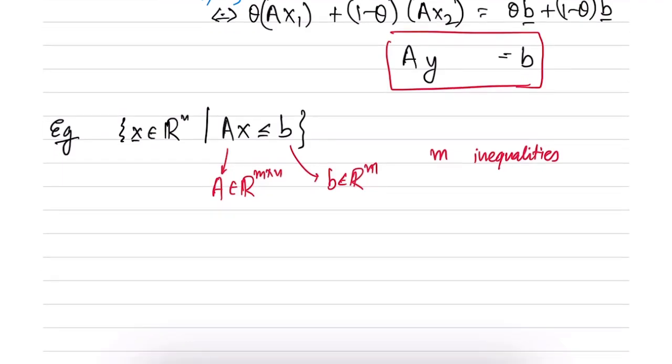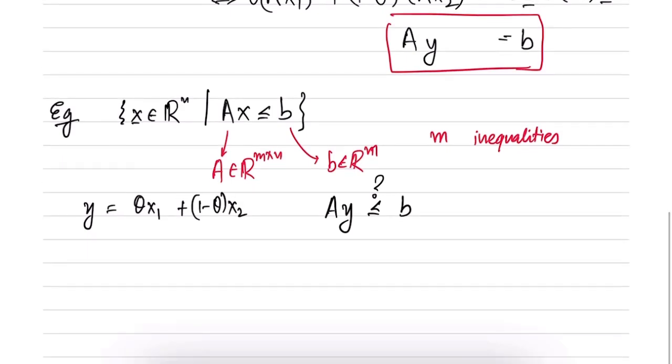So let's look at what happens if we try to check whether a point y, which is of the form theta times x1 plus 1 minus theta times x2, satisfies ay less than equal to b or not. And of course, we are given that ax1 is less than equal to b and ax2 is less than equal to b.